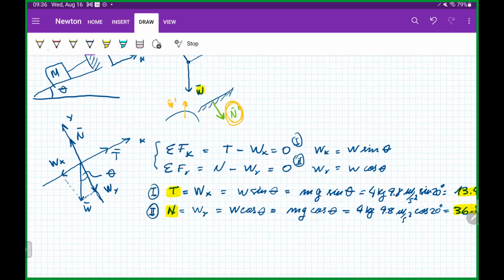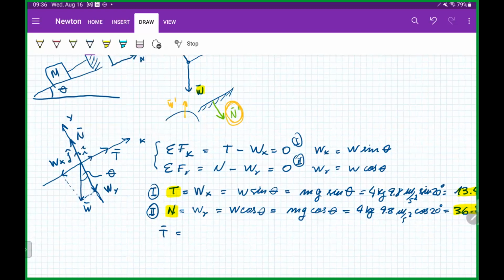So that N prime, let's do it with tension too. If we want to give the vector T, remember we have unit vectors, of course, i and j, both unit vectors.